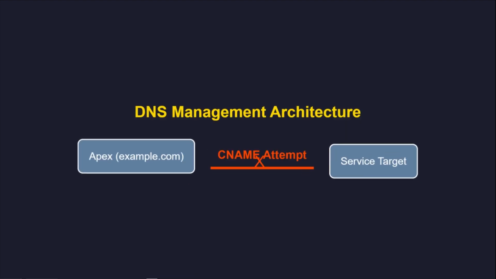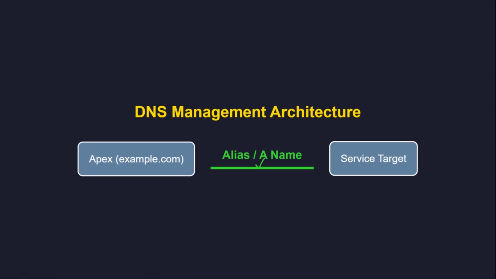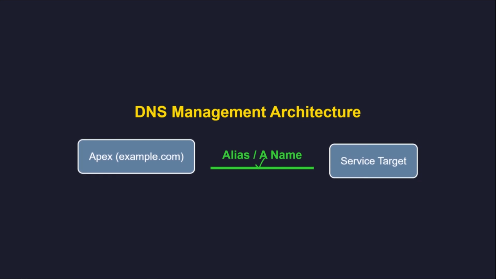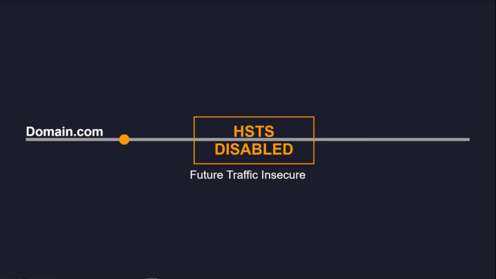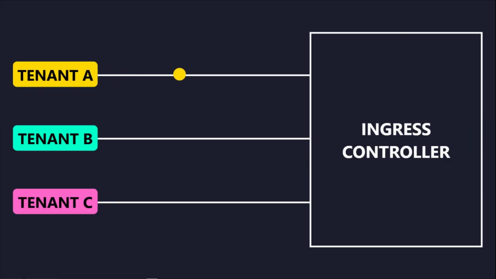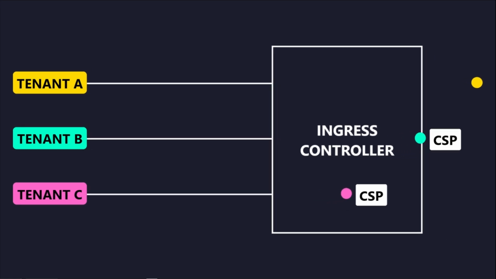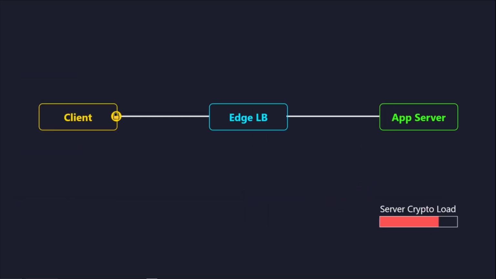To solve the root domain problem, many modern providers offer ALIAS or ANAME records, which simulate a canonical name at the apex level. Enabling HTTP Strict Transport Security for a custom domain is a permanent decision that forces all future traffic to use secure connections. Your ingress controller should dynamically inject security headers like content security policy based on the specific requirements of the authenticated tenant.